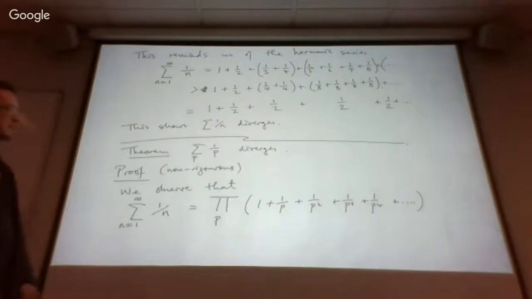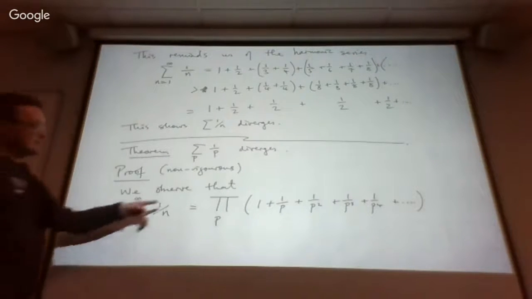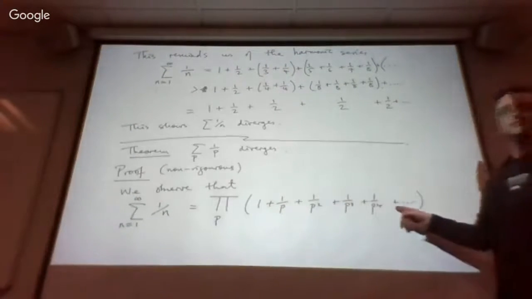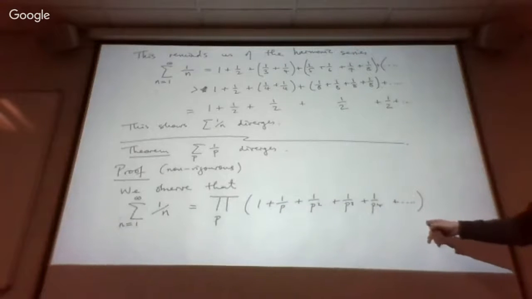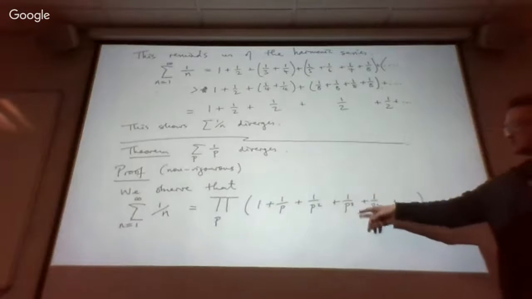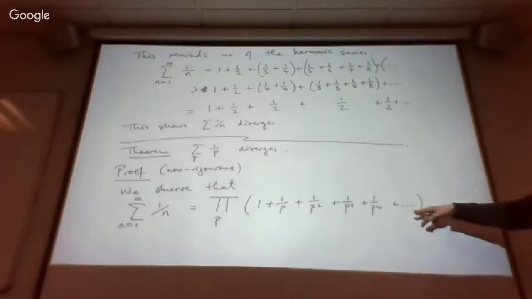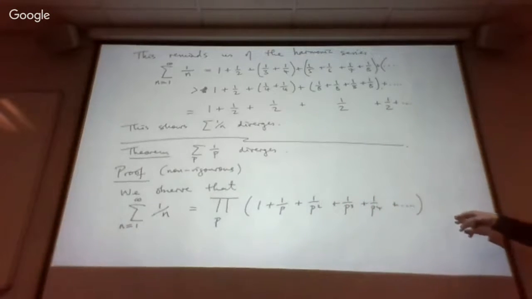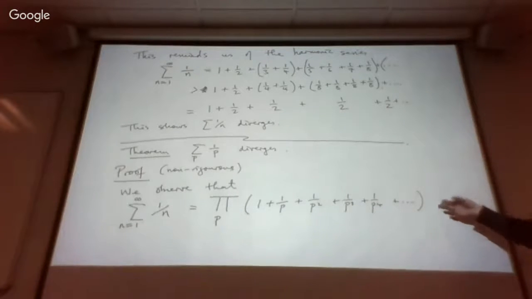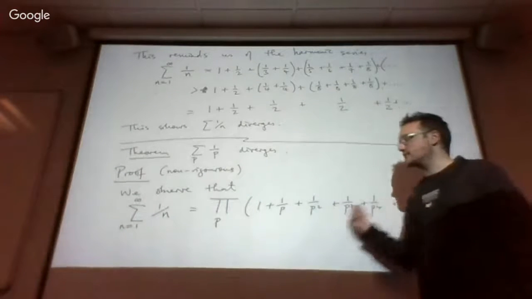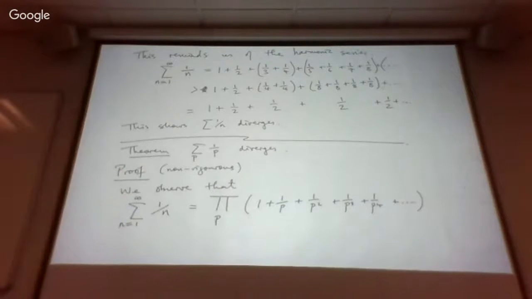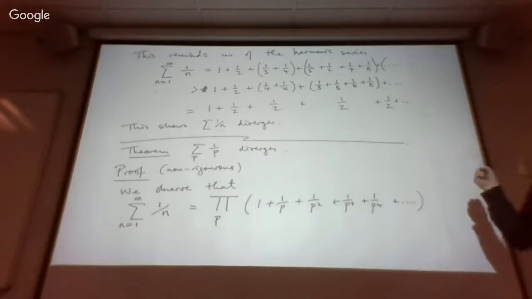Now, what's going on here? For every prime p, I'm considering this infinite sum: 1 plus 1 over p plus 1 over p squared plus 1 over p cubed, and so on. So it's the infinite series of powers of 1 over p. And I'm considering this bracket for every prime number p. I've got an infinite bunch of these brackets, and I'm going to multiply them all together.